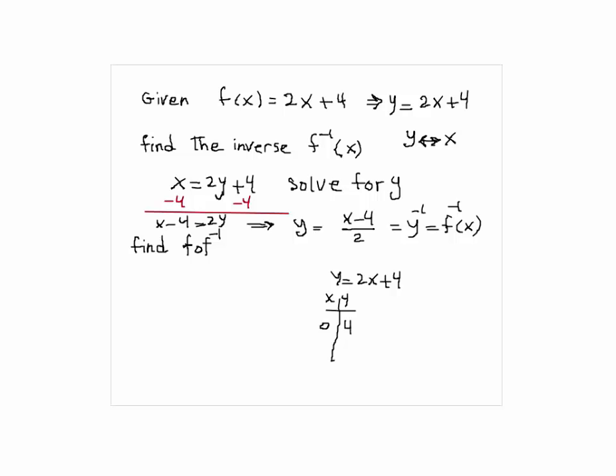If x is equal to 1, what is y? 6. So when you look at this inverse, which we already found here is x minus 4 over 2.